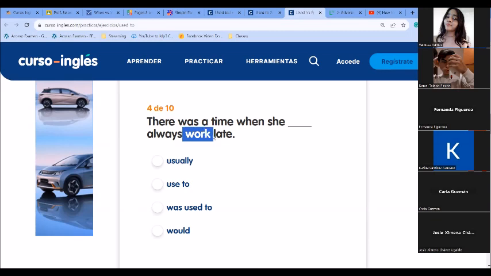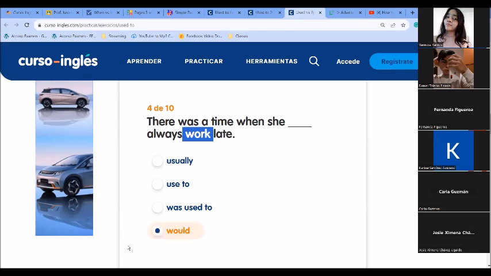Es pasado, exacto. Entonces, este pasado nos está expresando algo muy particular. No está expresando su rutina, sino la repetición de algo, que siempre hacía algo. When we have those repeated actions, we go for would.